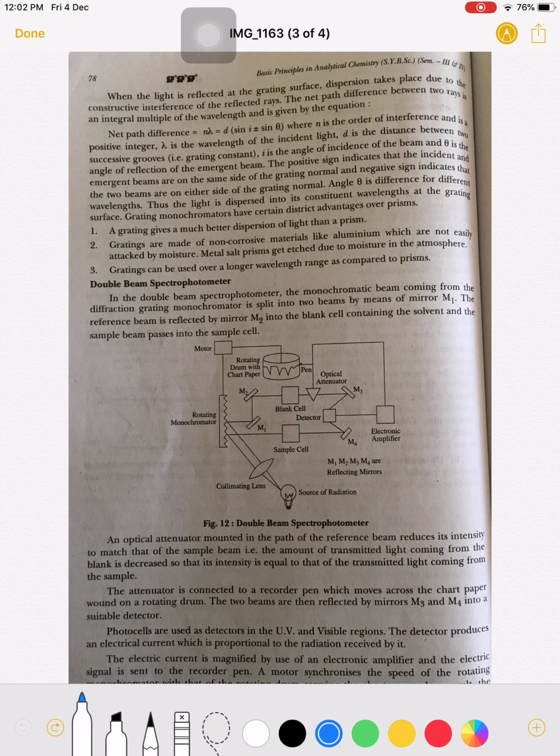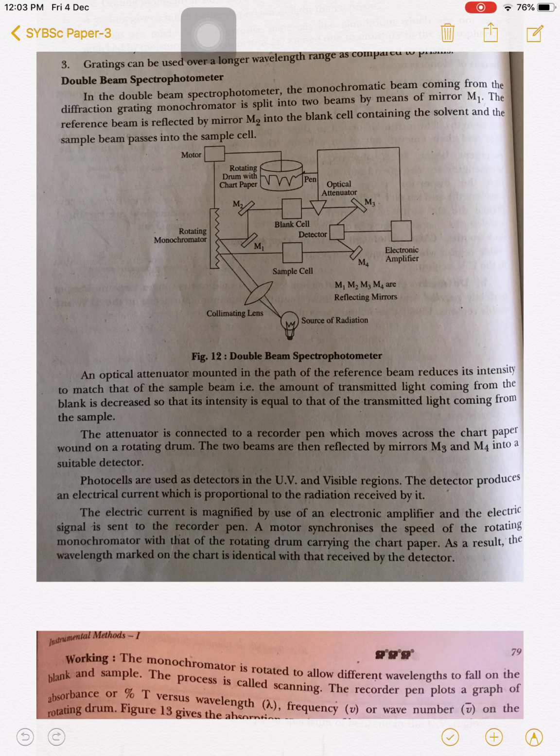And finally, photocells are used as detectors in the UV and visible region. The detector produces an electric current which is proportional to the radiation received by it. The electric current is magnified by use of an electronic amplifier, and that magnified electric signal is sent to the recorder pen.